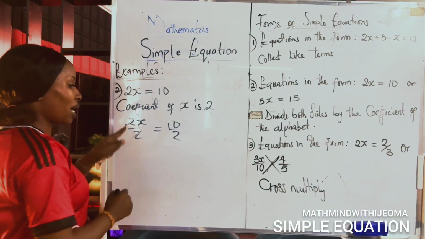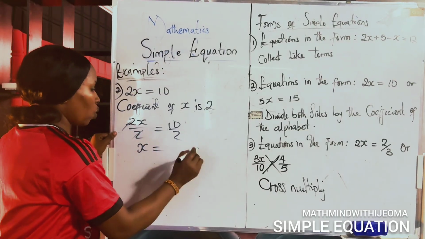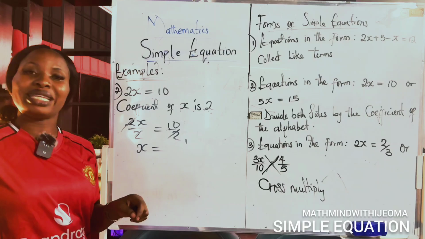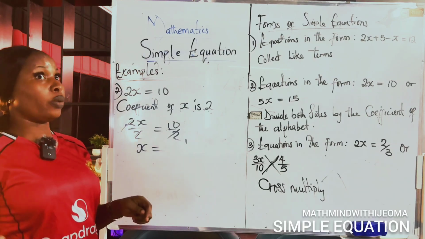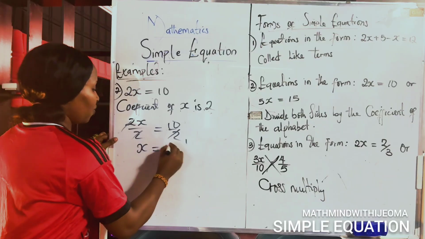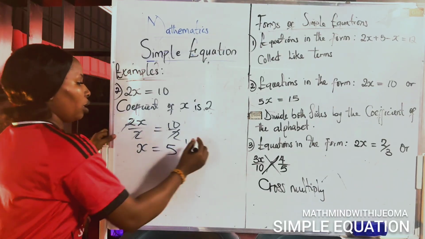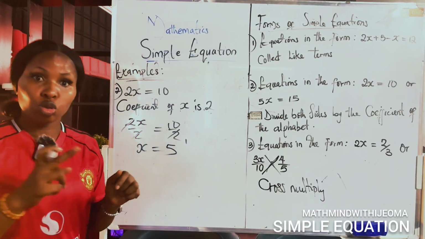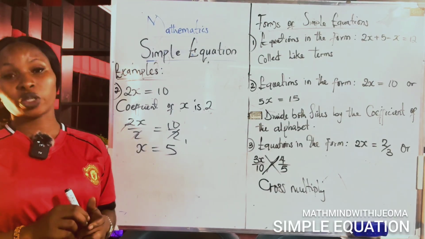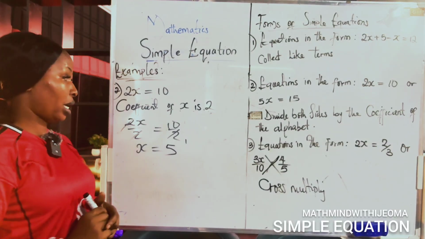So 2 will cancel 2. We have x is equal to 10 over 2. How many 2s can you find in 10? Or the other way around, 2 times what will give you 10? So it is 5. So there are 5 twos in 10. That's what division means.